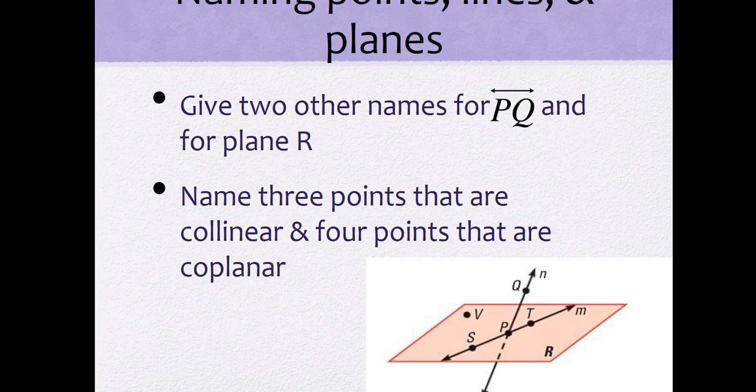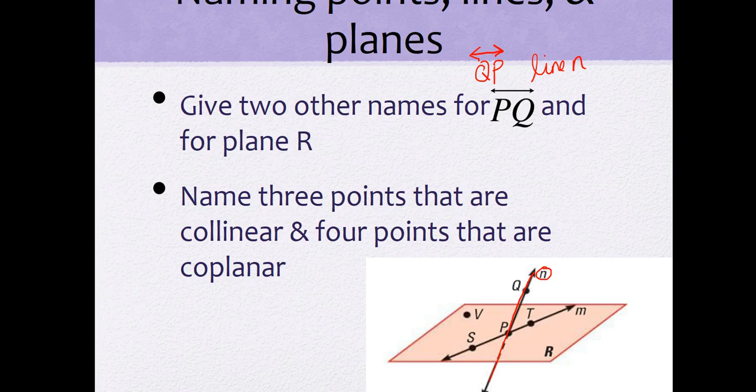So remember, one way to name a line is just to reverse the points. So we could have line QP. Now if I look down at this picture, line PQ is this line here. And there's a small italicized letter next to that line of N. So this could also be line N. So those are 2 other names for line PQ.